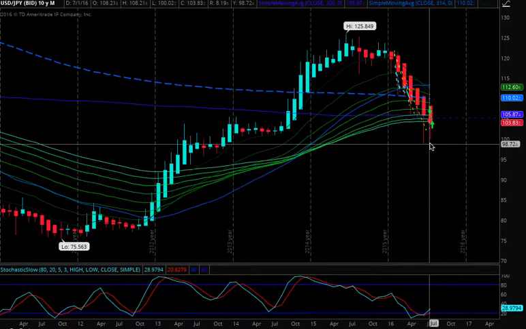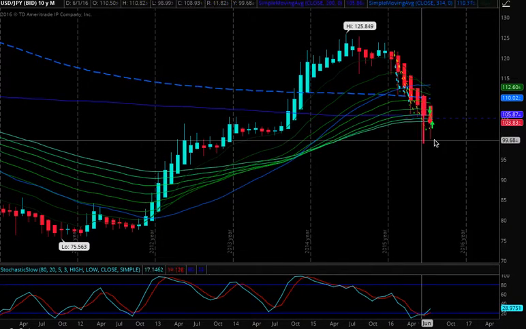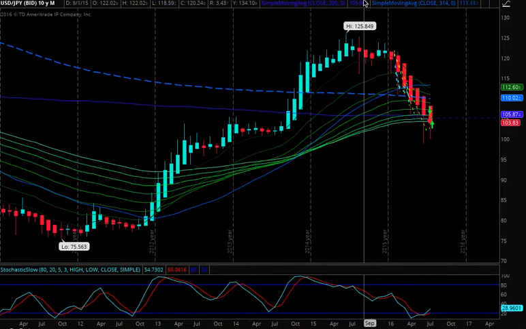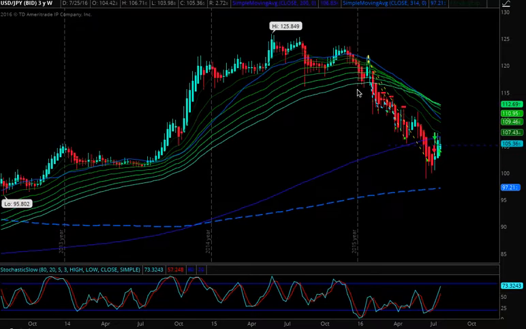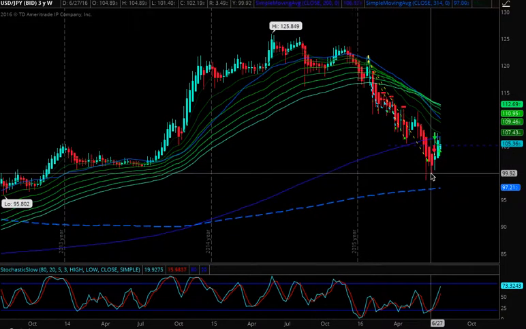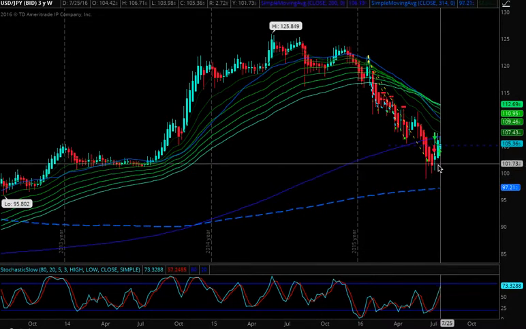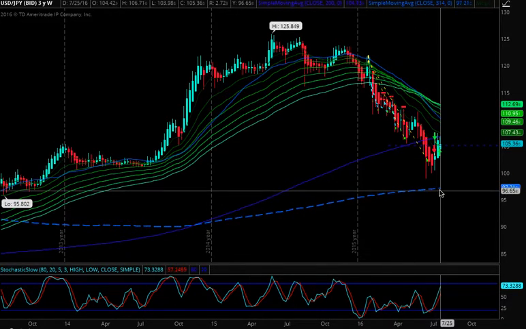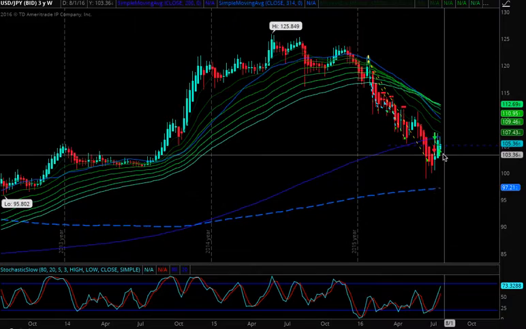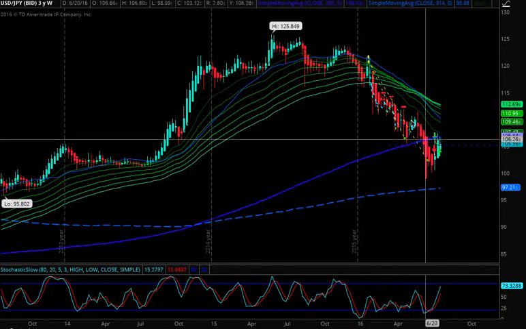That's yet to be seen, but that's the point. All right, so 100's major for the long term, and you can see why. We've had really three powerful moves off that same area, and it's also down here near pi on the weekly level. So it's no wonder that's a big area.